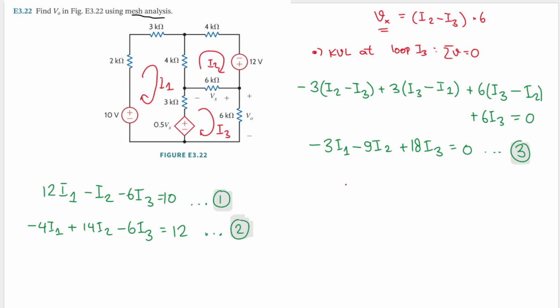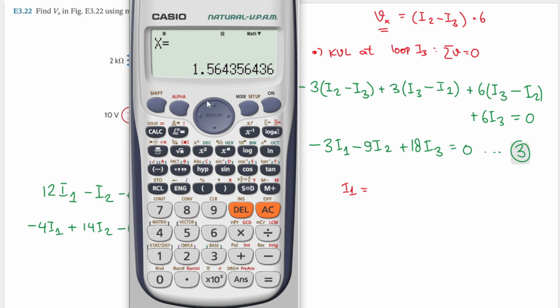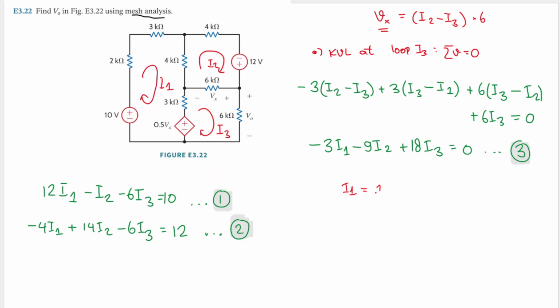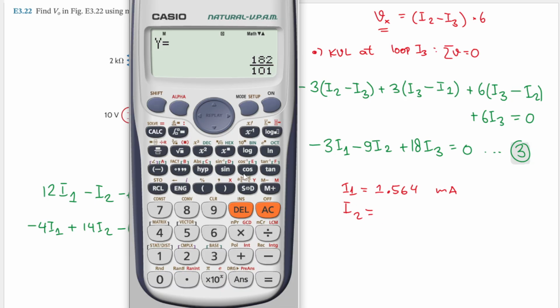Good. So now we will have the value of I1. Okay, what is I1? I1 is 1.564, and the unit will be milliampere, right? Because this is volt over kilo ohm. And then what is I2? I2 will be this one here, 1.802.